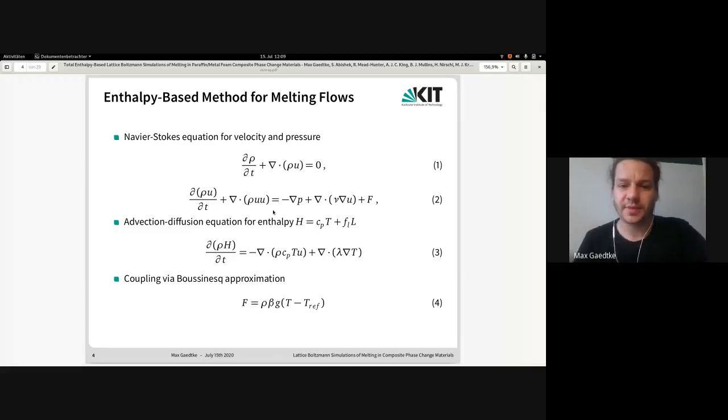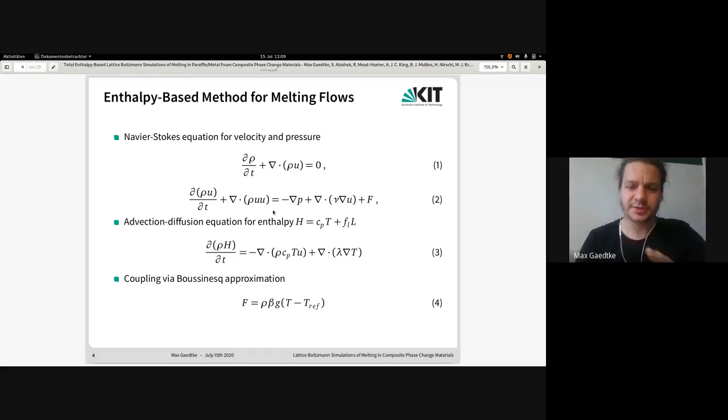The enthalpy-based method for melting flows is just a regular Navier-Stokes equation in equation 1 and 2, plus an advection diffusion equation for the enthalpy, which is the sum of the sensible heat plus the latent heat.